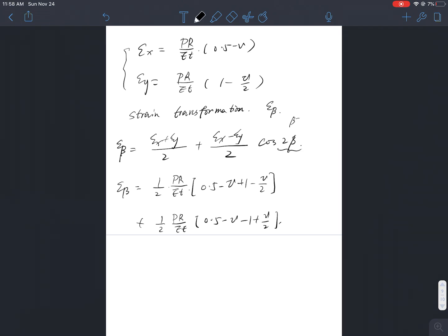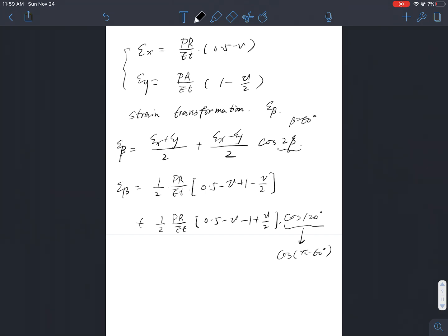Now cosine 2 beta, given beta equal to 60, so cosine 120. Again, if you want to write it, equal to cosine of pi minus 60.